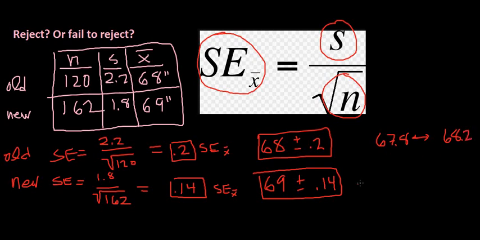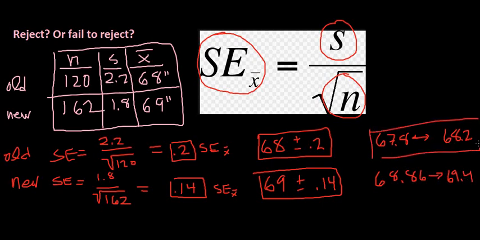You should already be able to see that these really don't overlap at all, because the other one would be 68.86 to 69.14. Now notice that these two intervals do not overlap.